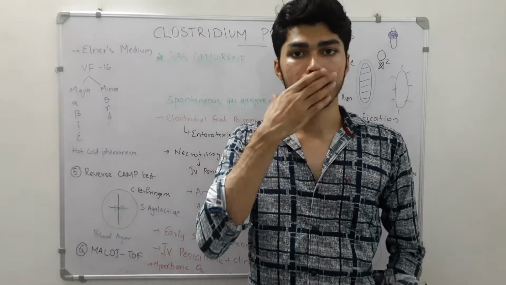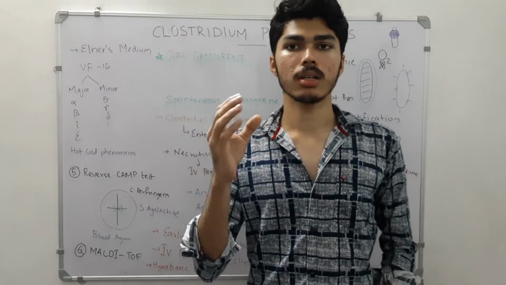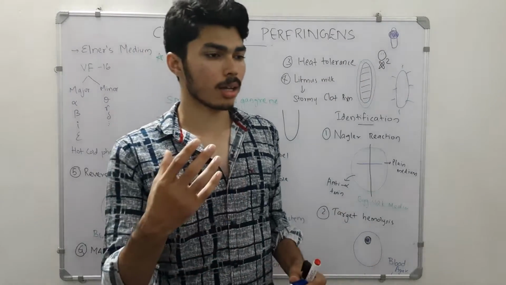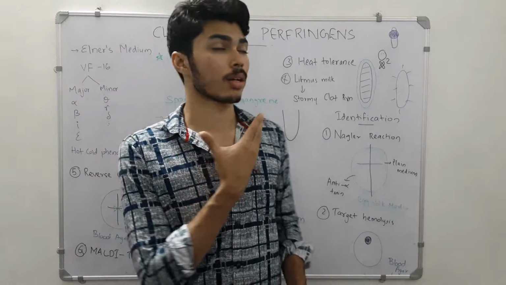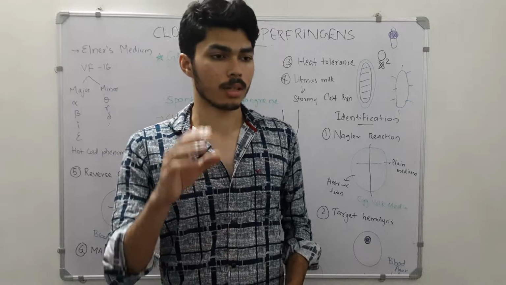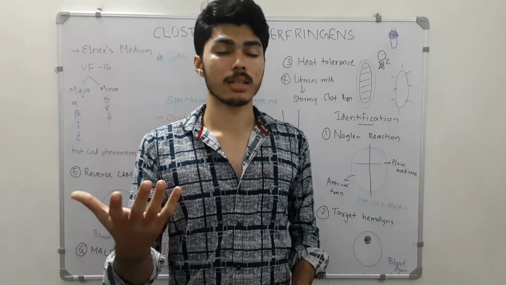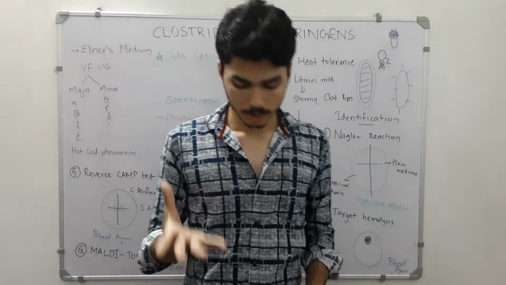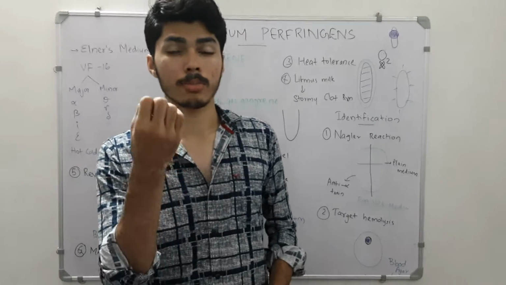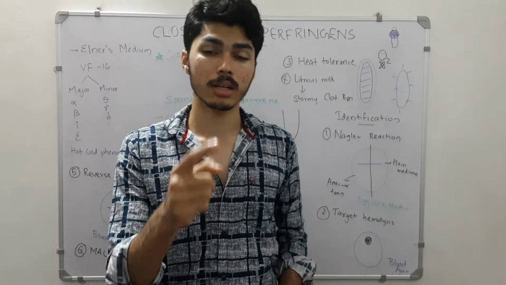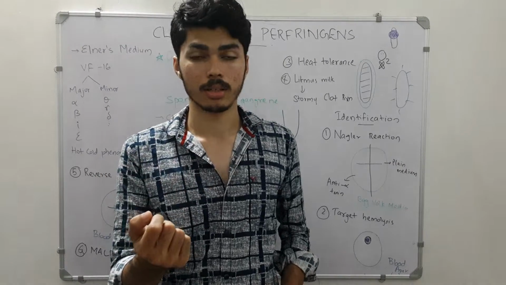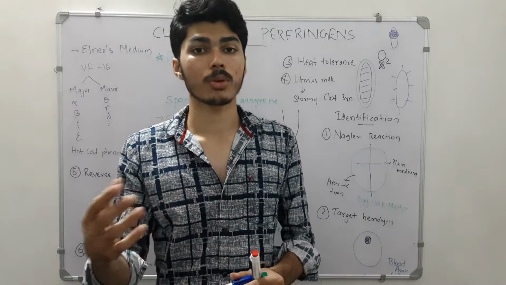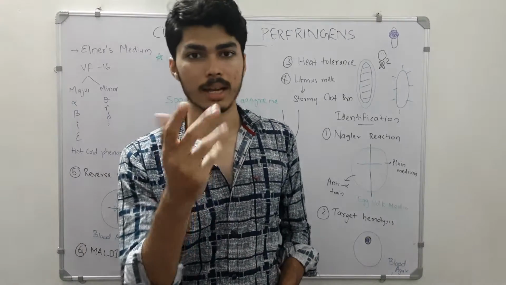What you can observe in this anaerobic medium is a characteristic feature: when the organism can break down the protein of the meat, that is, when it has the property of proteolysis, the meat turns black.